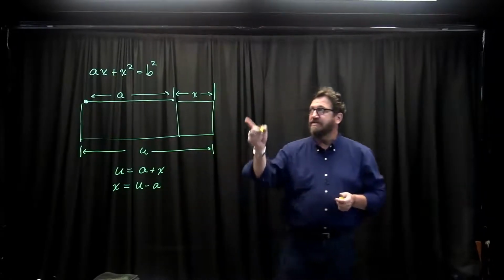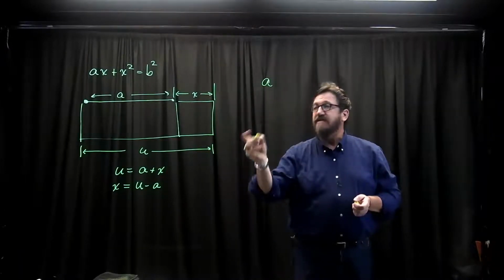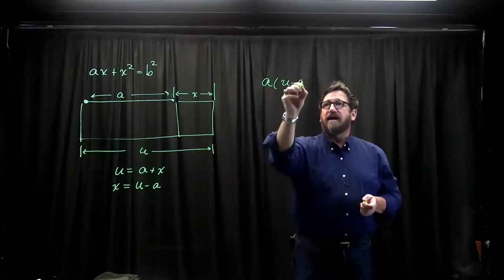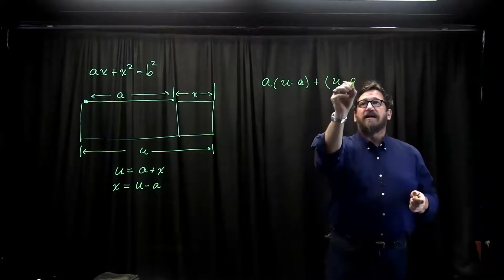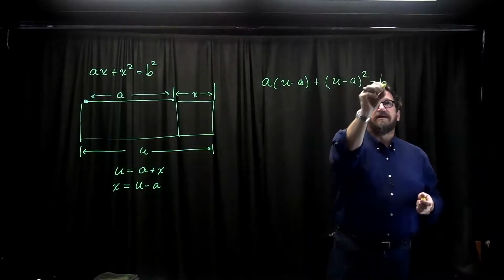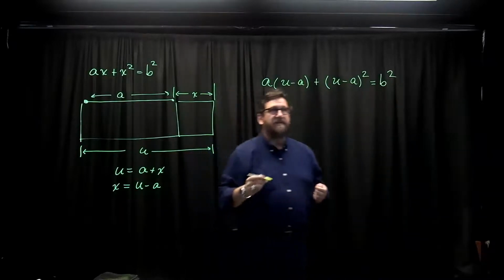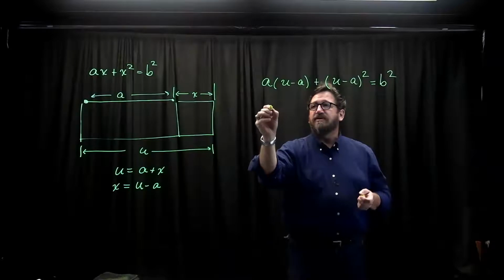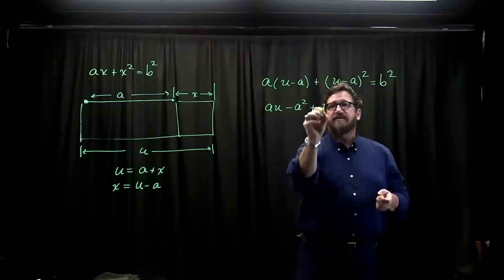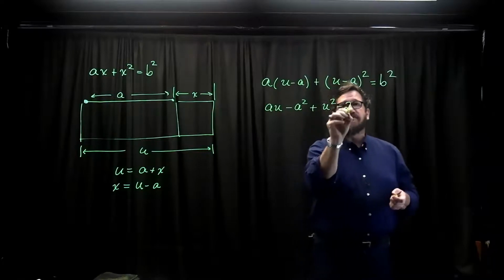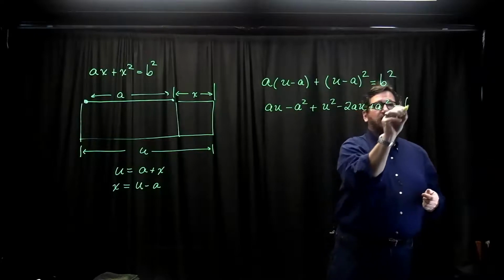Now let's see what that's going to do for us. I'm going to plug this into my equation, and I'm going to have a times x, but x is u minus a, plus x squared, so that's u minus a as a quantity squared, and that should be equal to b squared. Well, let's see what happens now. So a times u is au minus a squared plus u squared minus 2au plus a squared equals b squared.